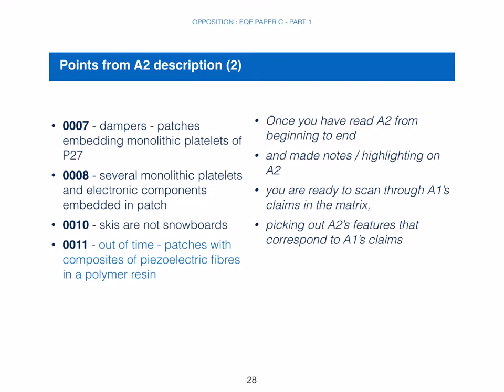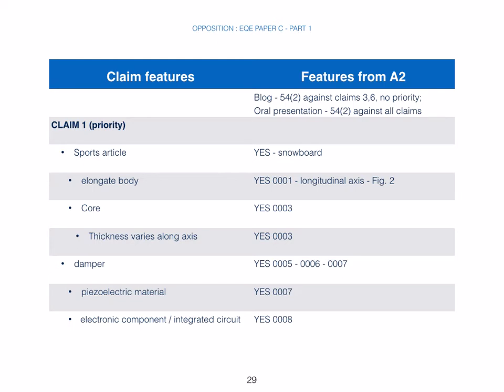Once you've read it from beginning to end and highlighted it, and you've highlighted the features, you're ready to scan through A1's claims in the matrix, picking out those features of A2 that correspond to A1's claims. Let's turn to the matrix and do this. I have illustrated here claim 1, the features from A2 only.